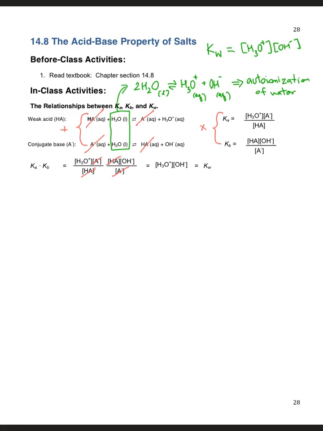In conclusion, the Ka of the weak acid and Kb of its conjugate base are related by the Kw. And from the previous section, we learned that at 25 degrees Celsius, the concentration of hydronium ions is equal to 1.0 times 10 to negative 7 molar, the same as the concentration of the hydroxide ion at 25 degrees Celsius.